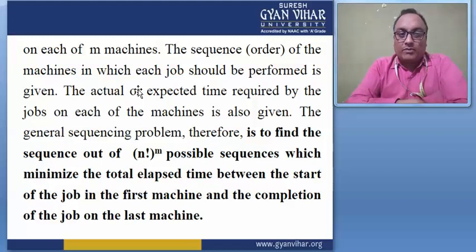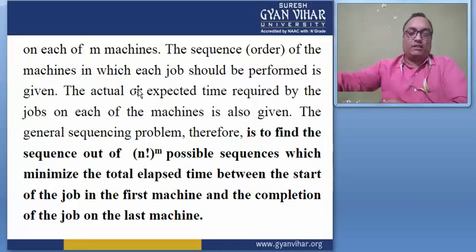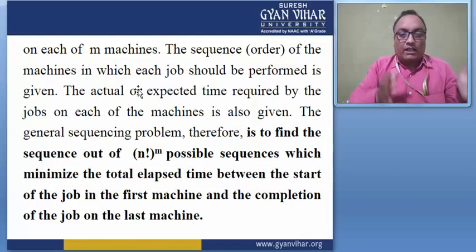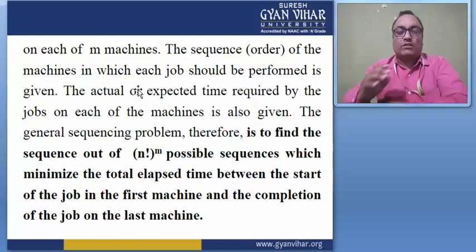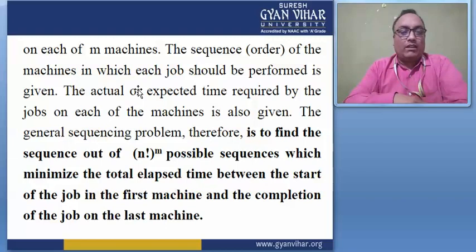The general sequencing problem is therefore to find, out of the n possible sequences, the sequence which minimizes the total elapsed time between the start of the job and the end of the operation of the job. Means you start from the first machine to the last machine, so how much time is taken to complete the job? This type of problem we will solve in this chapter.